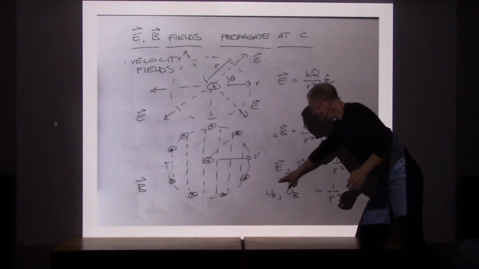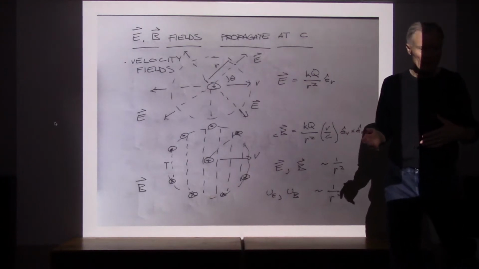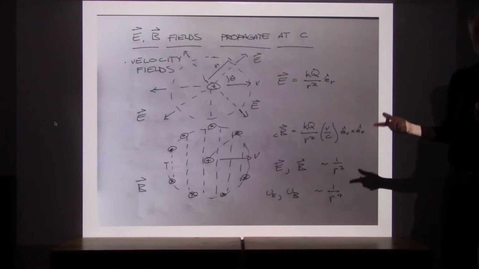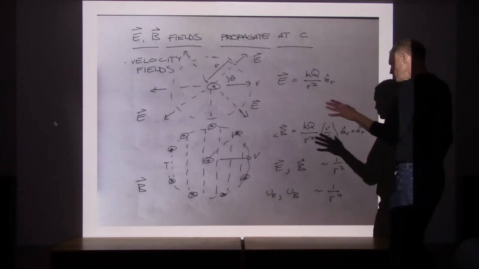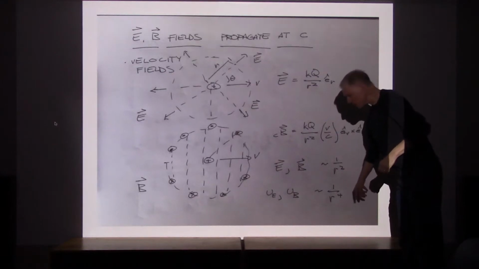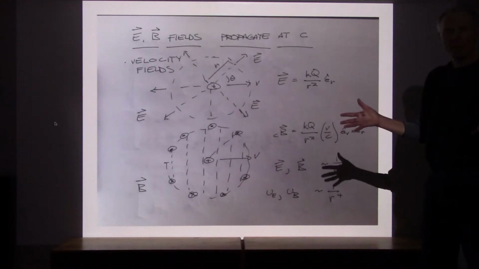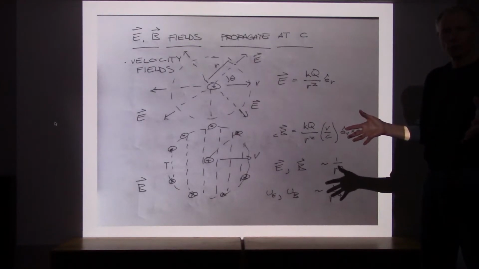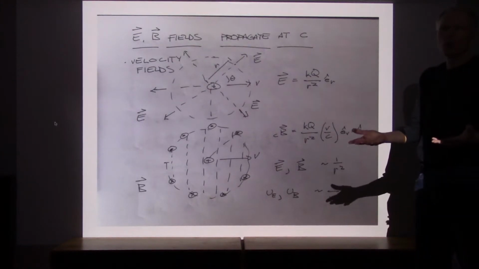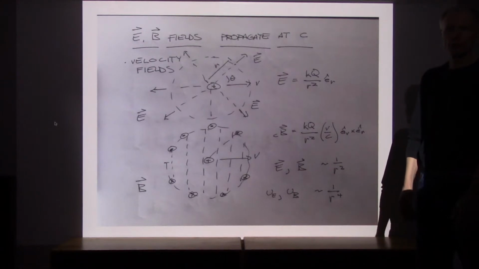When we look at the energy densities, which we introduced in chapter 30, just a few days ago, those are going to be dropping off like 1 over r to the 4th power. So it's saying that fields propagate away from charges, but with the velocity fields, there's no net long-distance transfer of energy.